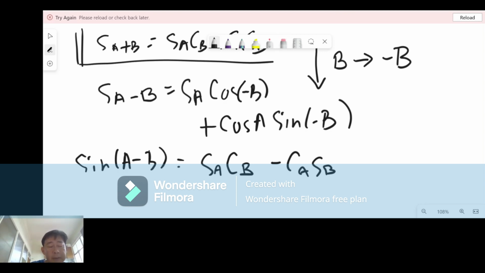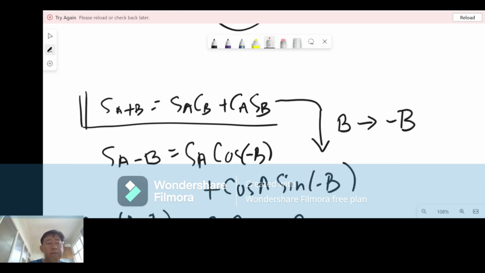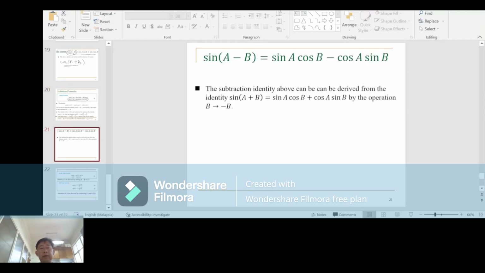So sine of A minus B is just sine A cos B minus cos A sine B. So you realize that this identity could be easily obtained if you know what is the identity for sine of A plus B. So that finishes up the derivation of the sine of A minus B.